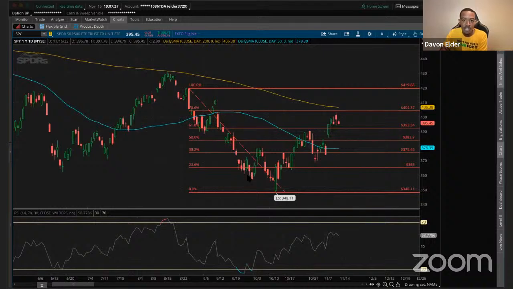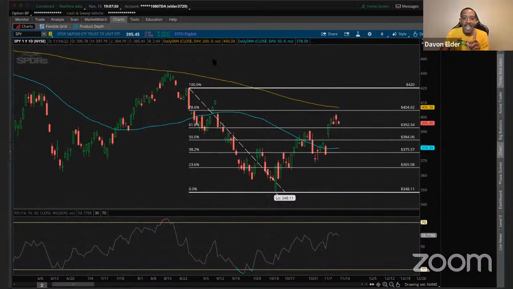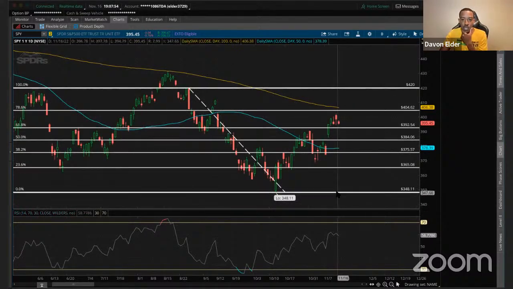Now, Fibonacci retracements, remember, what do Fibonacci retracement levels actually do? Like, what do they actually mean? They measure potential support and potential resistance levels, right? Also, let's answer this question.